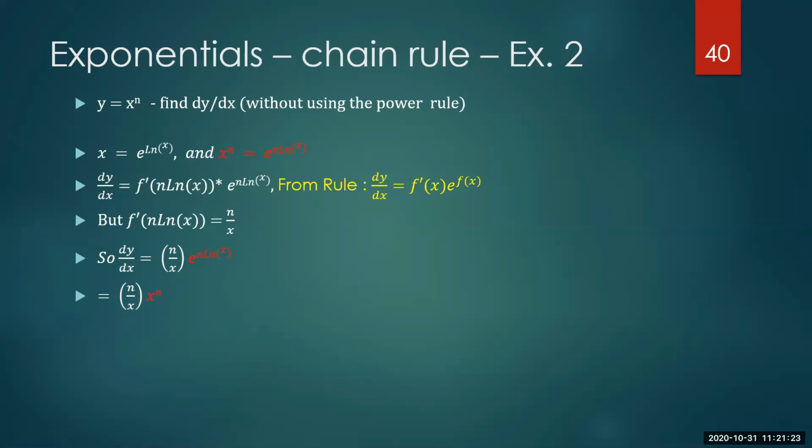And n over x times x to the power of n is equal to n times x to the power of n minus 1, as we already know and as we already expected. I chose this example because it's a good example of using the chain rule with exponentials, and also it ties in with one of the rules that we know already.